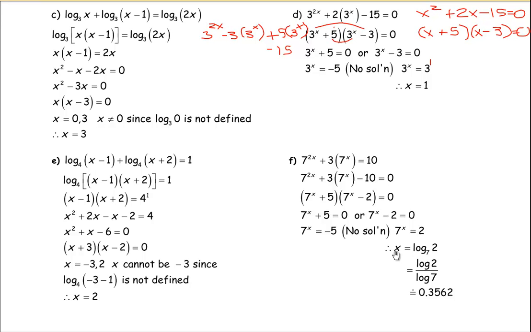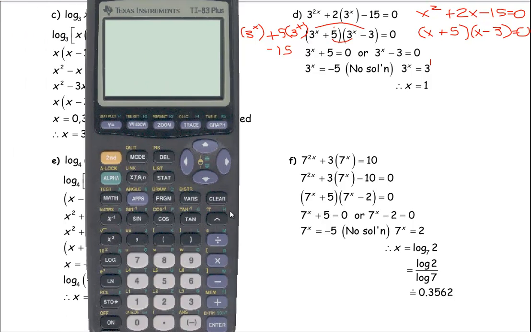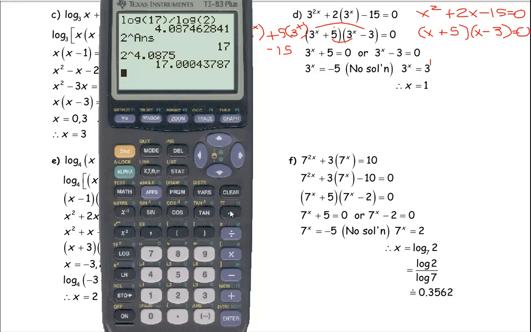So that's the exact solution to this equation. If you want a decimal equivalent, take the log of 2 and divide it by the log of 7. Looks just like this. Log 2 divided by the log of 7. And that's where the 0.3562 comes from.